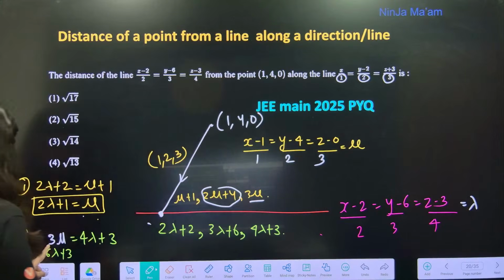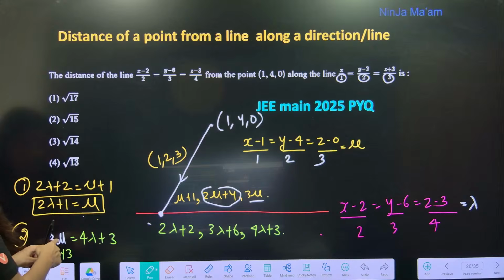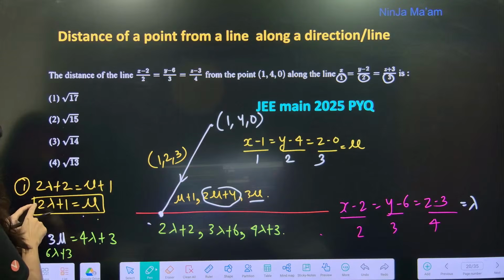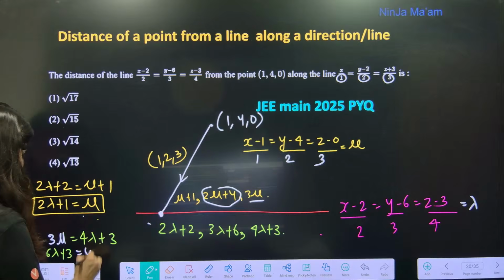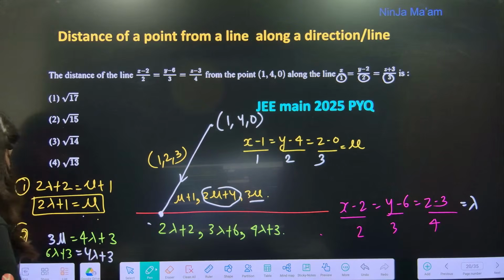If you put the mu value, it will be what? Correct, no? 2 lambda plus 1, yes. So mu will be 2 lambda plus 1. If you multiply it with 3, 6 lambda plus 3 is equal to 4 lambda plus 3. So lambda is coming out as 0 in this case.